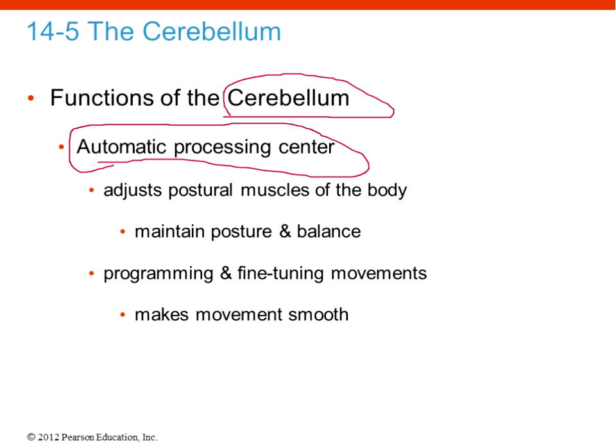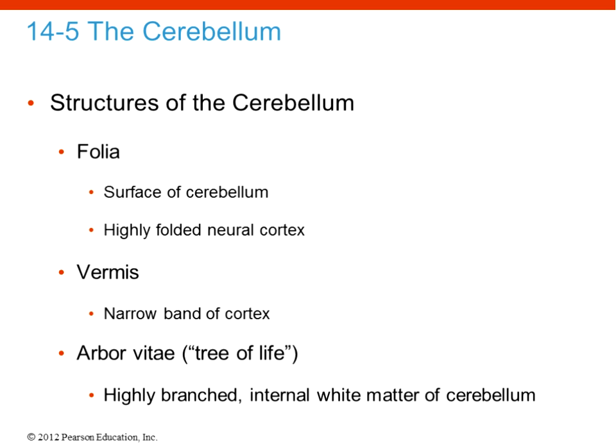But the cerebellum plays a really important role in adjusting and programming and fine-tuning these movements so that we can maintain posture and balance and make our movements very smooth and coordinated and organized. That's coming from the cerebellum. Okay? So really important functionality with the cerebellum in terms of regulating and fine-tuning those movements.